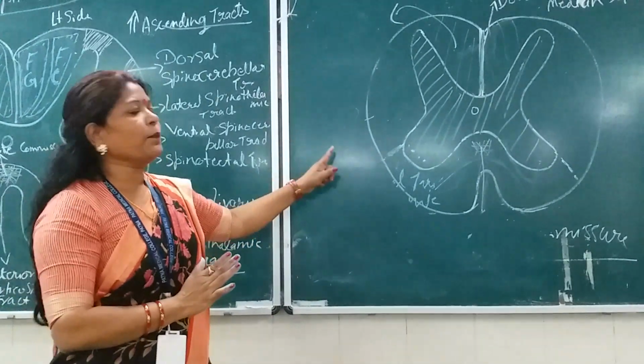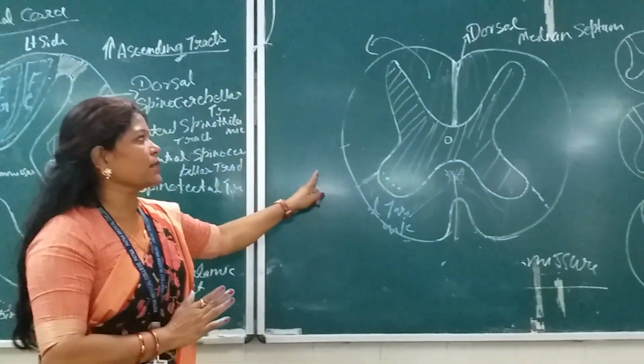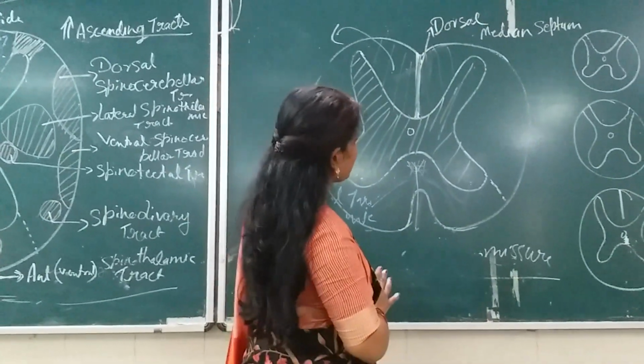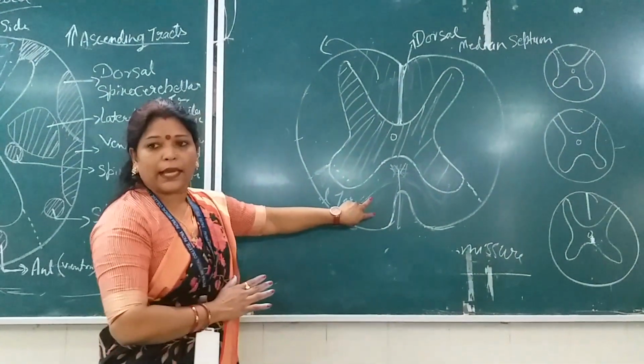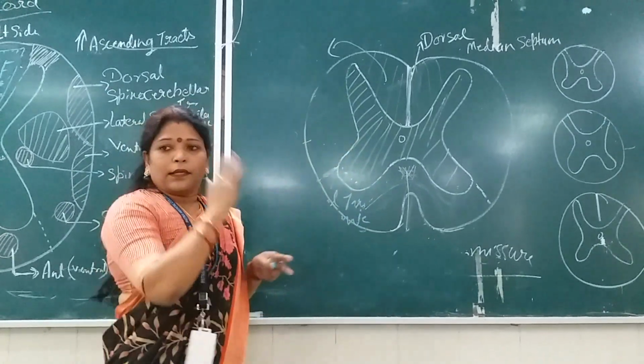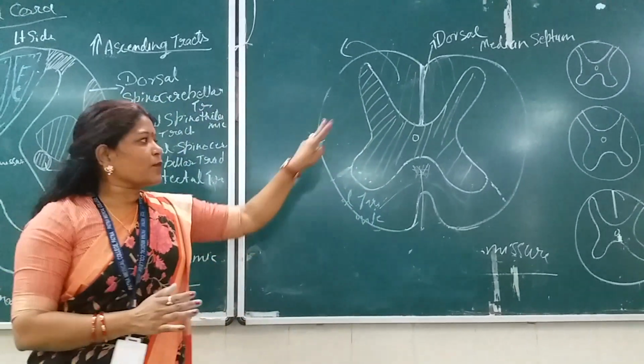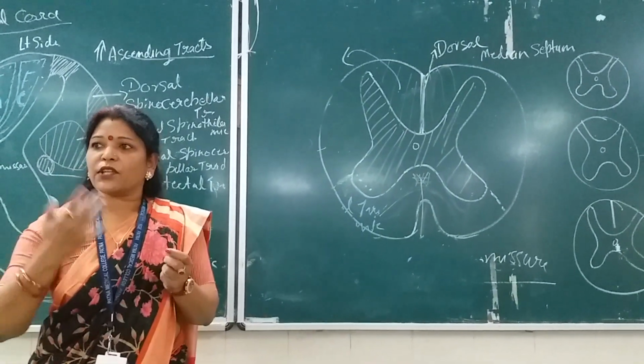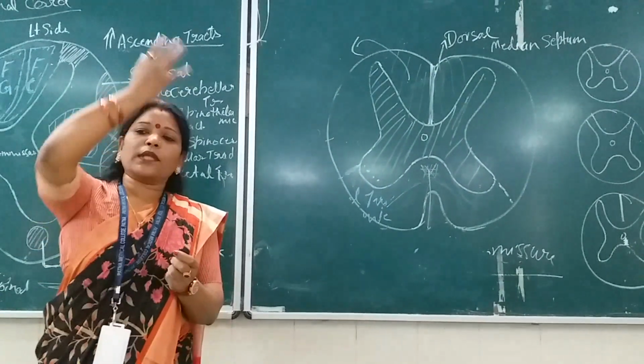A very important point, you have to remember this. This is the dorsal column, this is the lateral funiculus or column, and this is the ventral or anterior column. Now the spinal cord conveys sensory impulses from the periphery to the higher center.